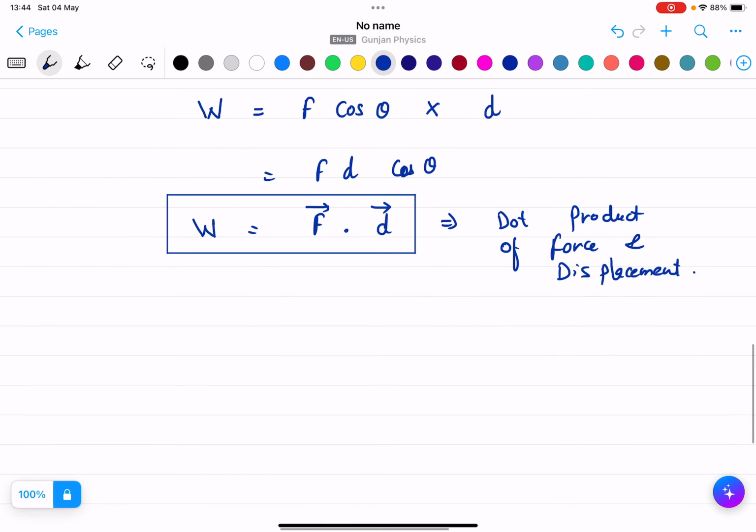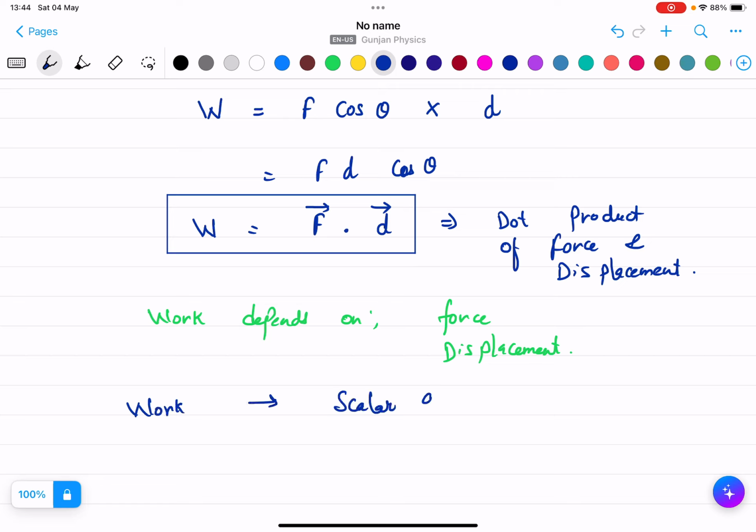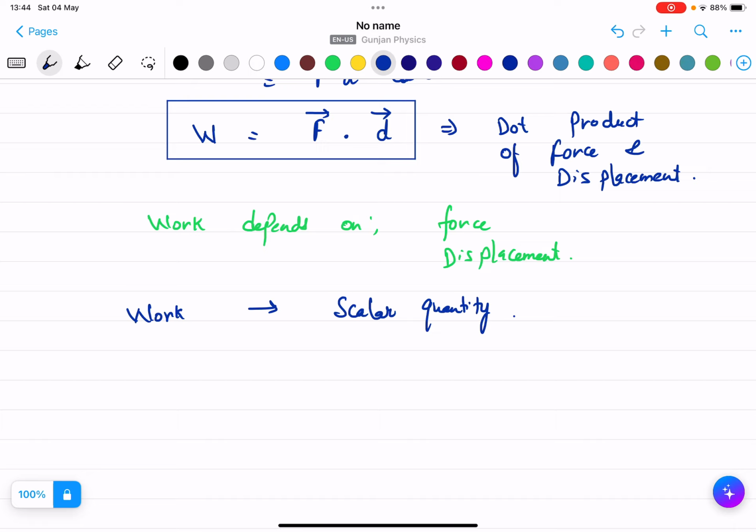Now, on what factors is the work depending? As you can see in the formula, work depends on force and displacement. Work is a scalar quantity. That means work done is a dot product of force and displacement.